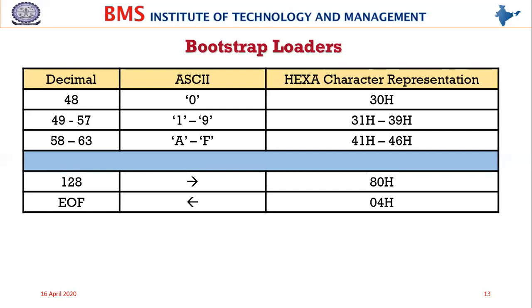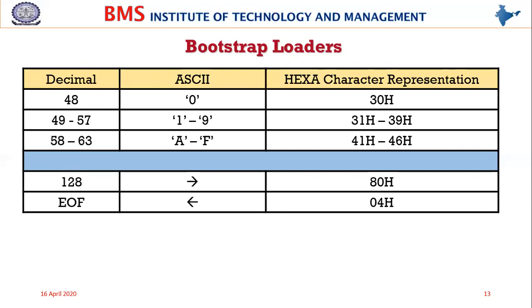Why are we using this? Please observe, when we write an SIC or SIC/XE program, the program is made up of object code, meaning mnemonics and operands. You will have either addresses or the hexadecimal equivalent format. Your hexadecimal may contain values from 1 to 9 and A to F. Apart from this, you don't get anything else in your program; we don't get any if or else or anything of that sort.